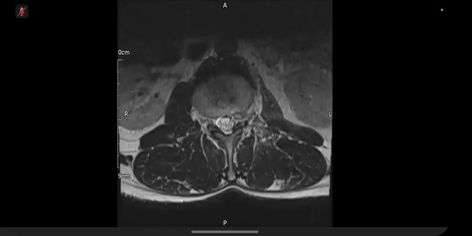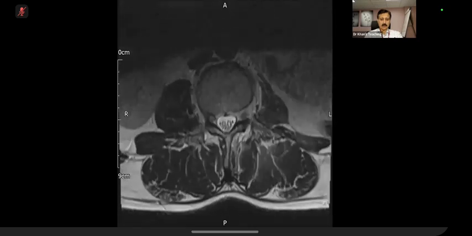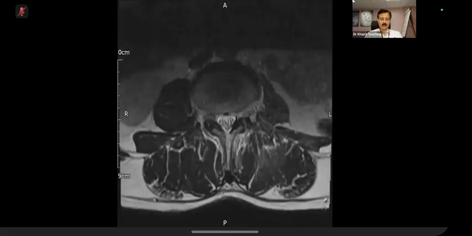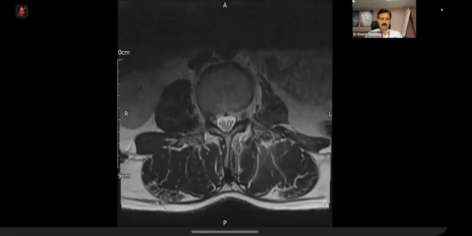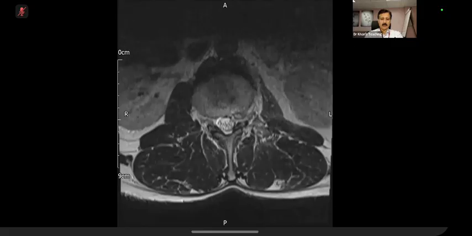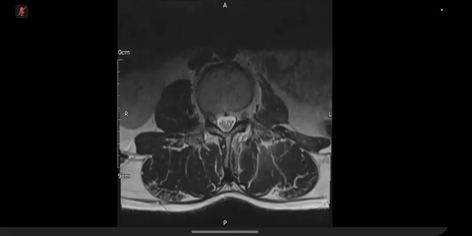Go down, please. Okay, continue and go back up now. So I think that's separate to what we were seeing, and this is the level of the abnormality.